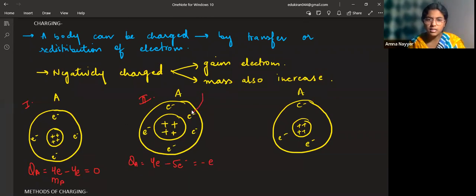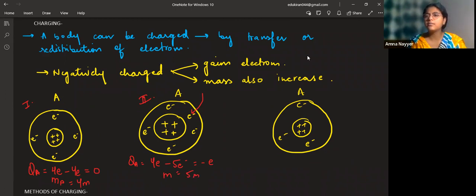This new electron is making the entire term negative, minus e, right? So 4e minus 5e makes it minus e. If the mass of all the 4 electrons was 4m, now the mass of all these electrons will become 5m. It means mass has increased.